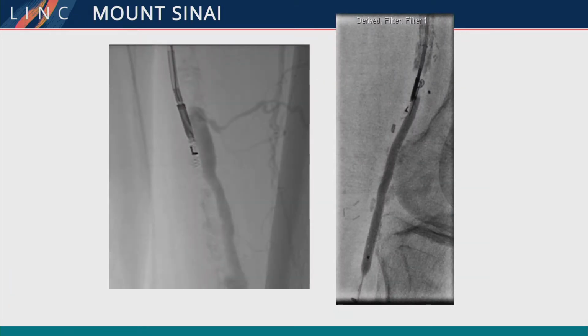You can see on the left the more standard usage of an Outback catheter with the L pointed towards the distal reconstitution point. On the right is a critical limb ischemia patient where there was no reconstitution, so we put a balloon up retrograde, and eventually we were able to puncture the needle into the balloon, passing the wire into the ruptured balloon, and exteriorizing that wire to get through-and-through access.